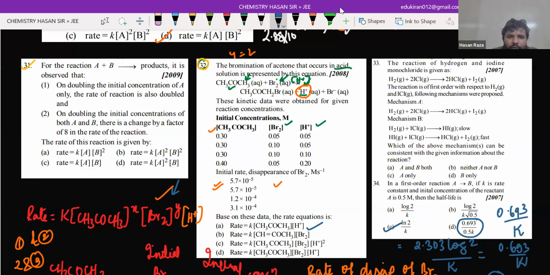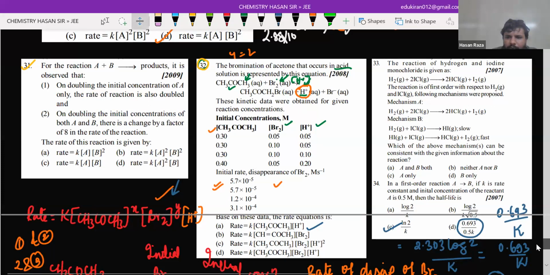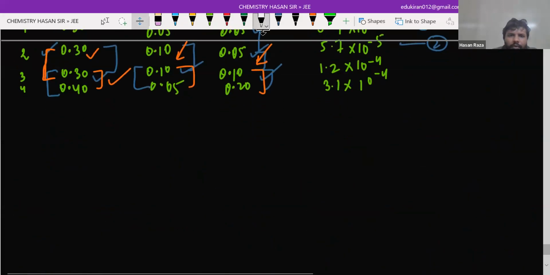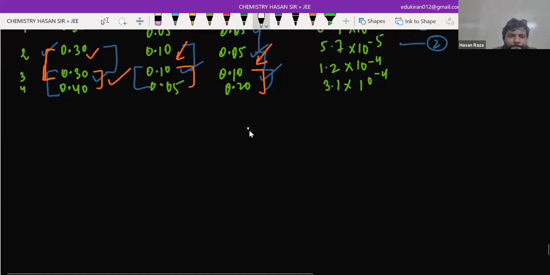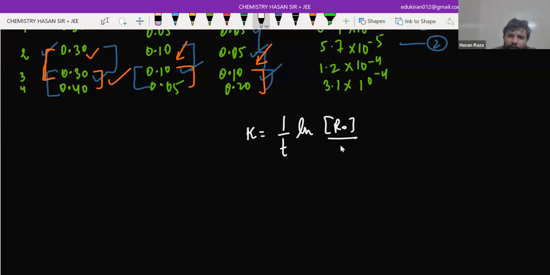For 33, sir, how is it log 2? Yeah, when you are going to solve, see, I'm going to show it to you. K is equal to, you know, if you remember the formula, 1 by t ln R naught upon R, right?